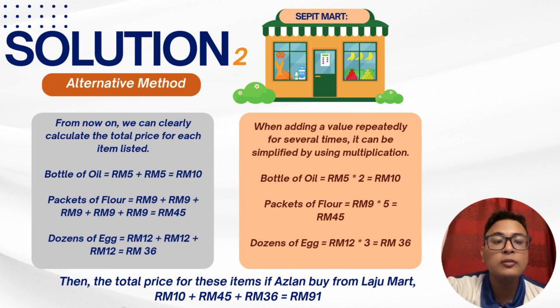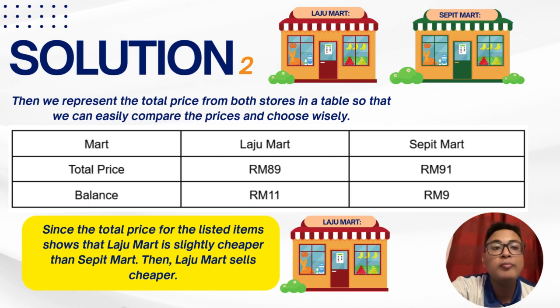Then the total price for these items, if Azlan buys from Sepit Mic, is 10 plus 45 plus 36 equals 91 ringgit. Then we represent the total price from both stores in a table so that we can easily compare the prices and choose wisely.